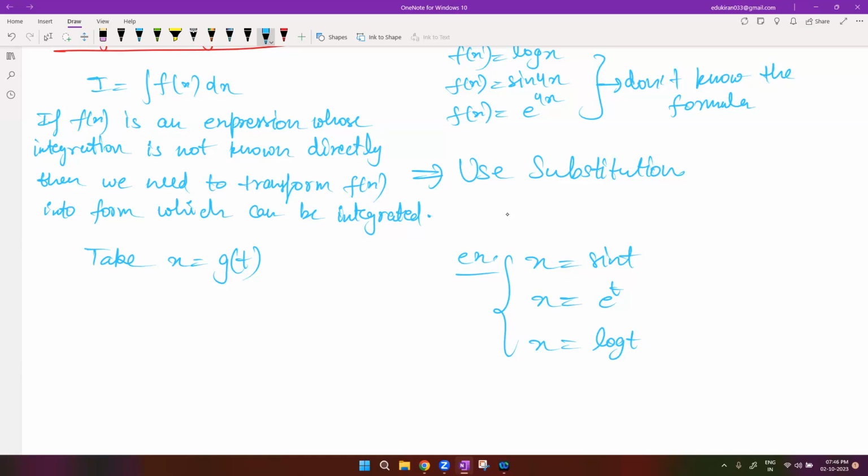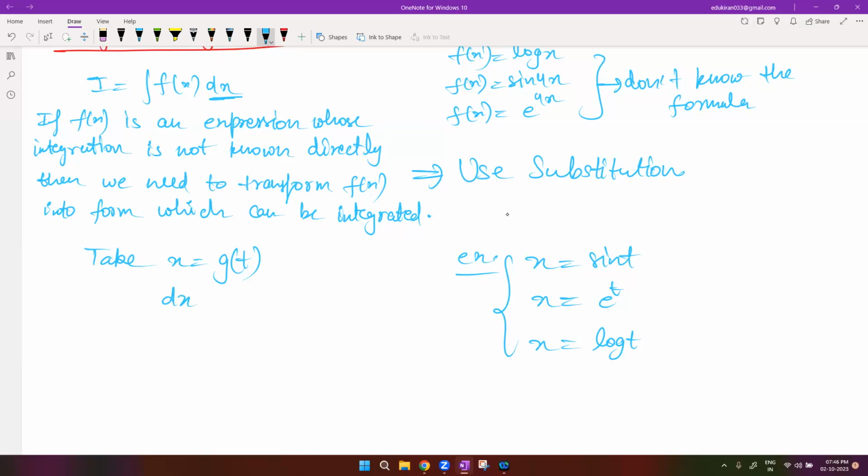How would you do that? We will tell you how to approach and how to assume this function g(t). But first understand what effect it will make on your original integration. You're changing your variable x to t, which means you also have to change dx with dt. That can be found by differentiating the whole function in terms of t.